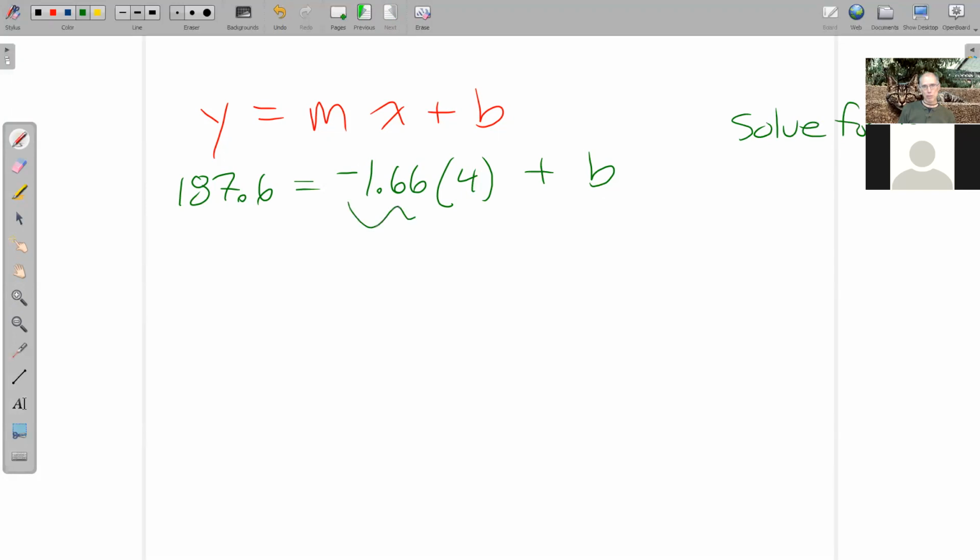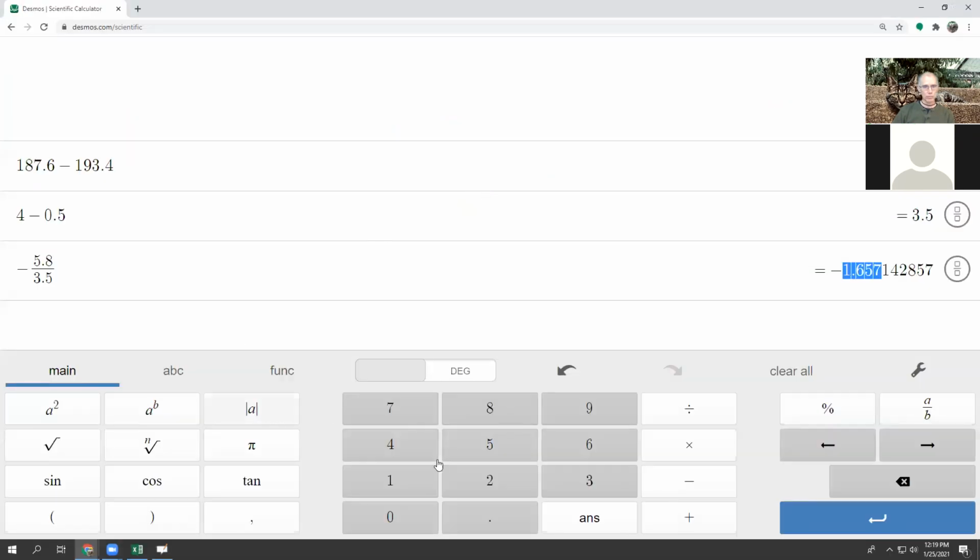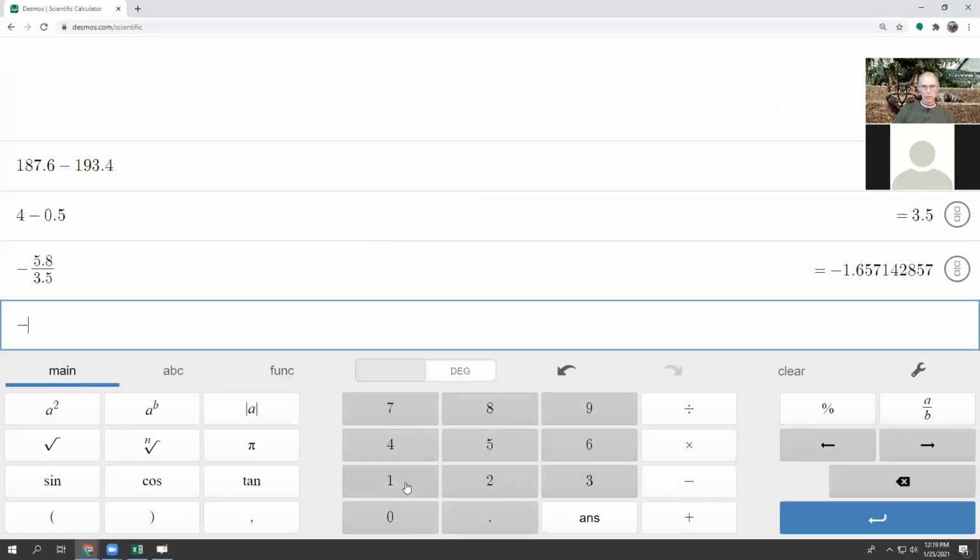So to do that, I've got to make that calculation right there. So back to my calculator. What is -1.66 times 4? I get -6.64.